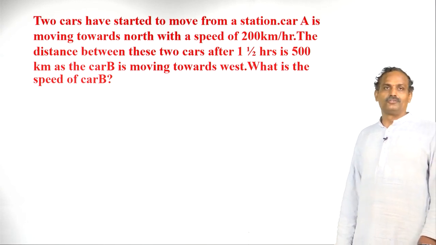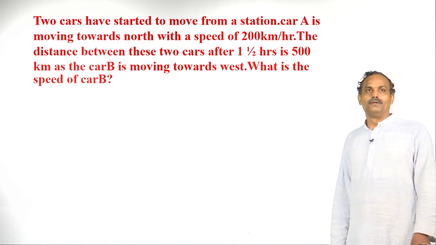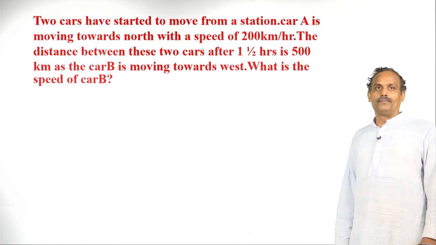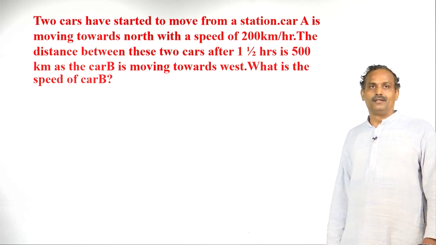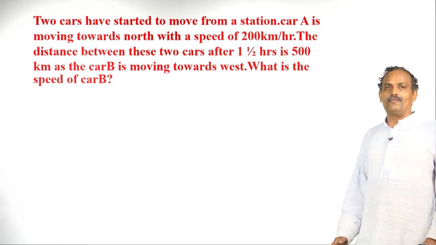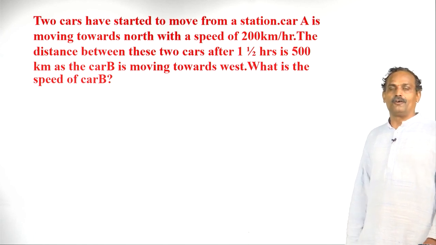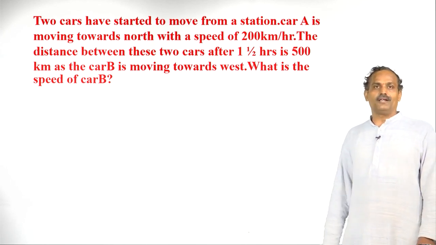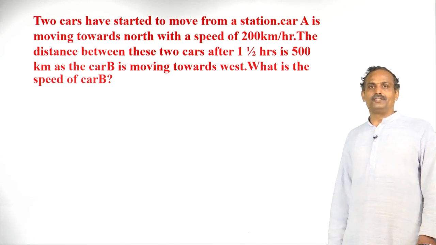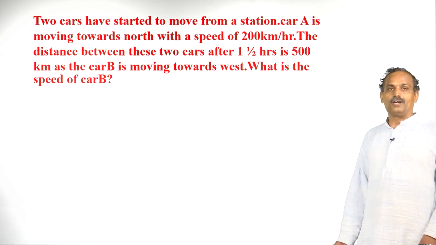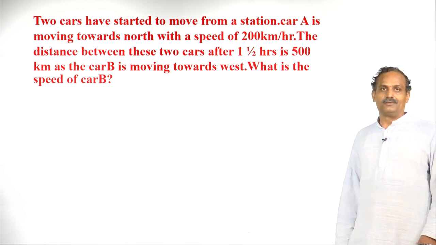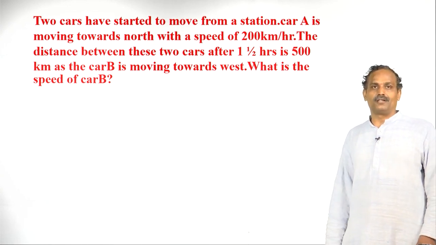So, there are two cars, car A and car B. Car A has a speed of 200 km per hour, and they travel for 1.5 hours. After 1.5 hours, we have measured the distance, it is 500 kilometers. Car B is moving towards west, but car A is moving towards north.